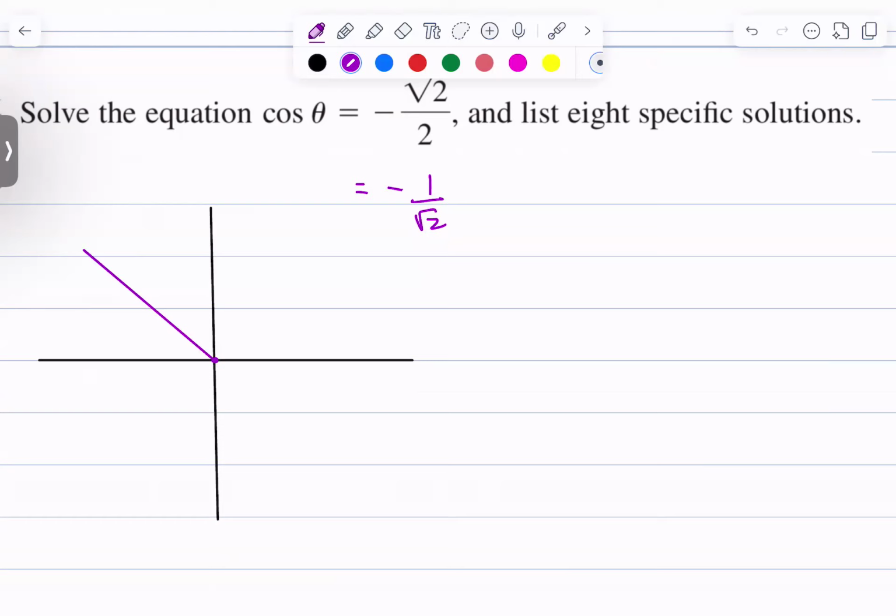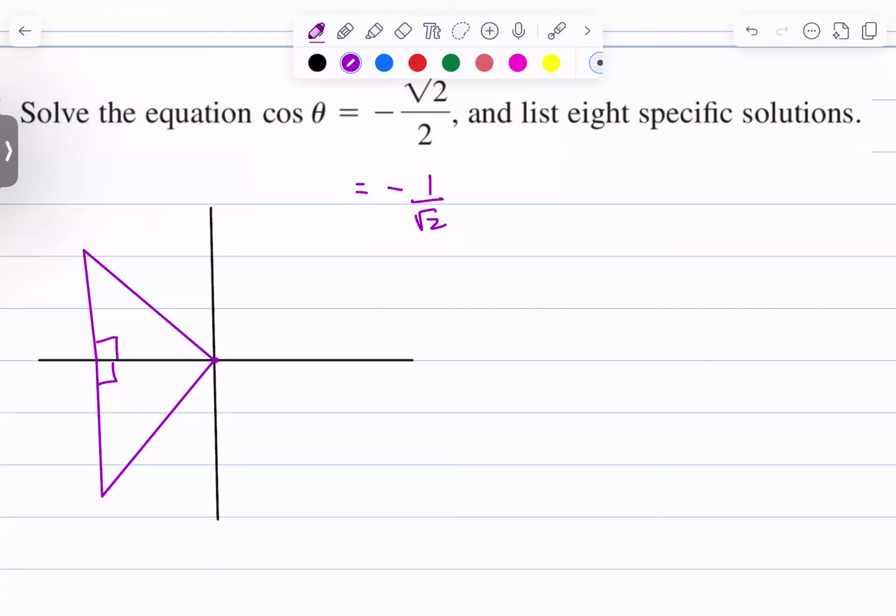What angle measure is square root of 2 over 2? 45? Yes. If you didn't know that, you locate the two quadrants where cosine is negative. It's 2 and 3. I drew a random triangle in 2 and 3.